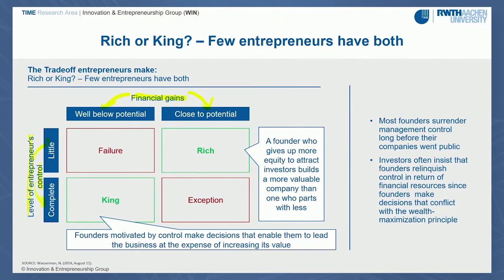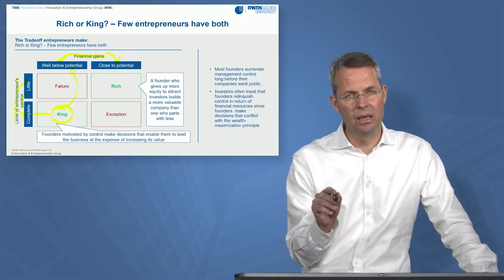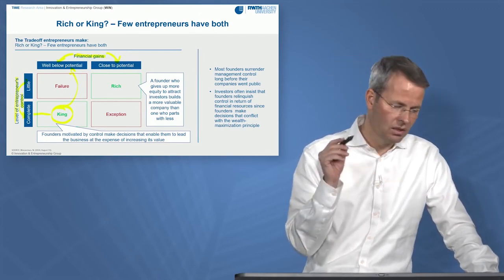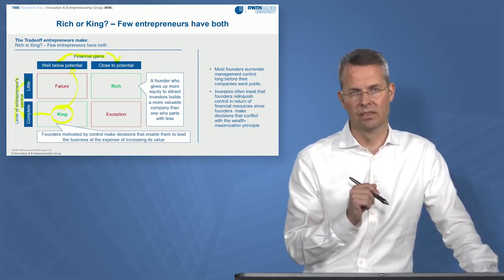And in most cases, what happens normally is that founders motivated by control make decisions that enable them to lead the business, but they don't increase the value too much. So if you as a founder want to remain in control, you want to remain king, complete control, you normally are below potential because you don't raise enough capital to use the growth you can realize.